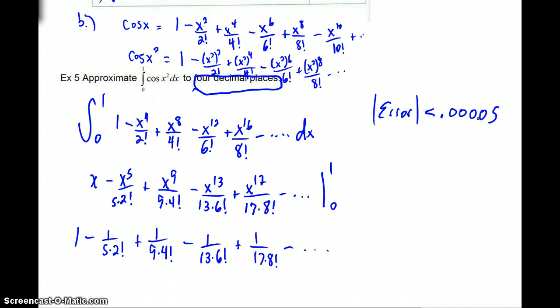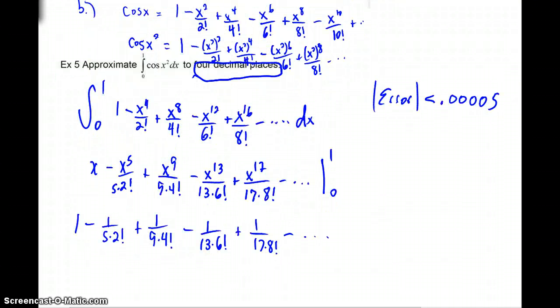Because we have an alternating series here, our goal is to find the first term that would allow us to be smaller than 0.00005. And by the way, if we wrote this in exponential notation, we could see we'd go 1, 2, 3, 4, 5. This is 5 times 10 to the -5th, so we'd need to be smaller than that.